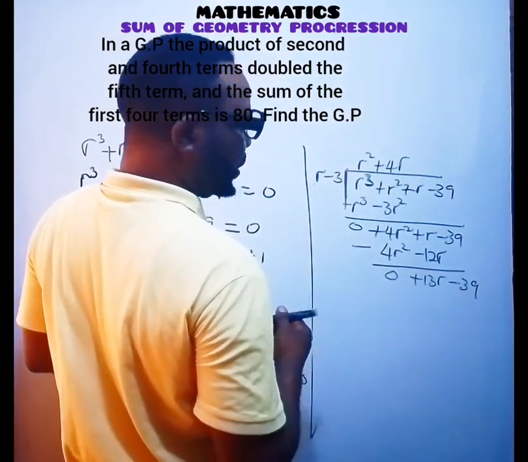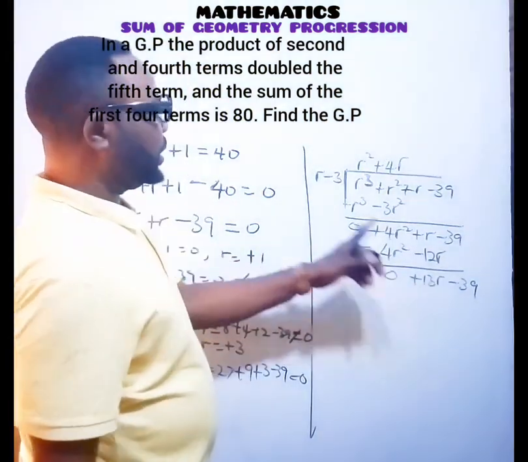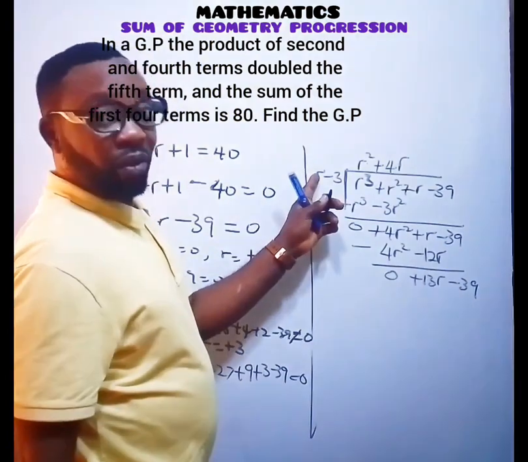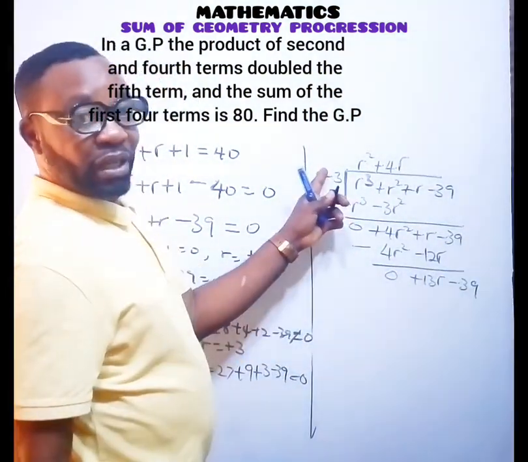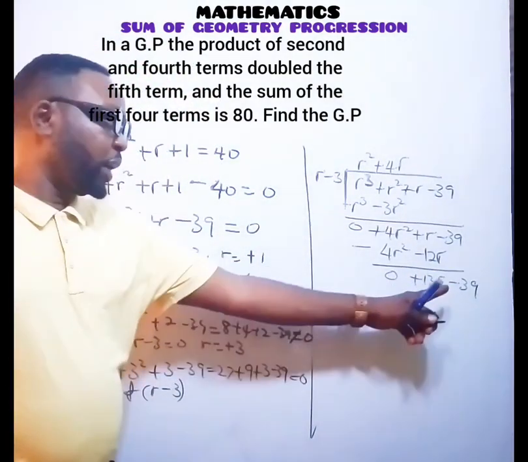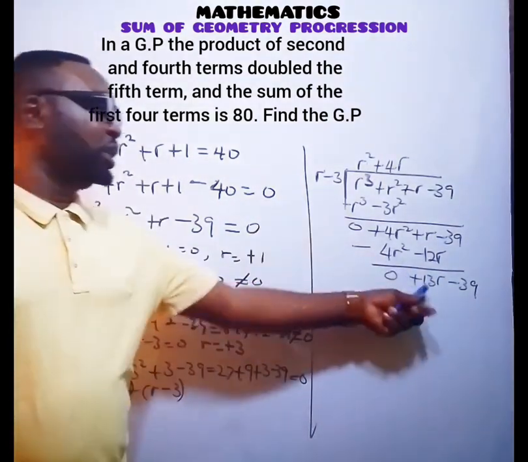Now we have plus 13r. Since this value we have here as r is still the same value as the r we have here, with the same power, they both have just one as the power on r. Since they are equal to one another, we can still go ahead to do the division.